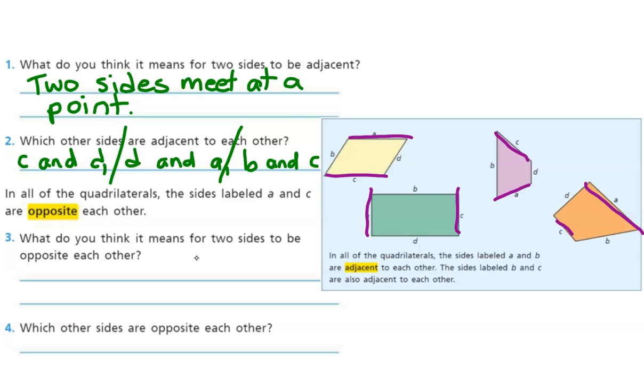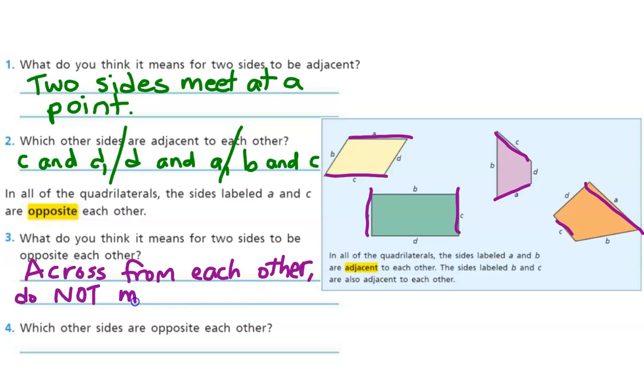Basically we would just say they're across from each other. And the most important part is they do not meet at a point. So then what would be our other sides that are opposite? That would be D and B, or you could have said B and D, doesn't matter.